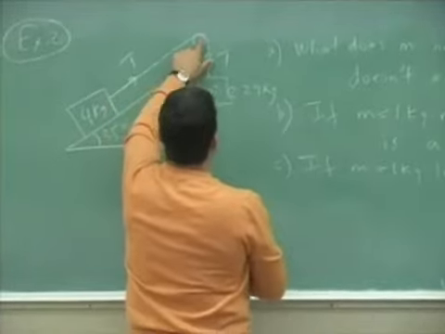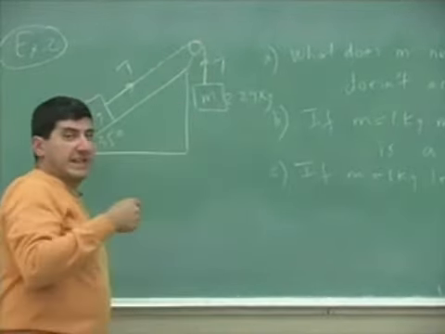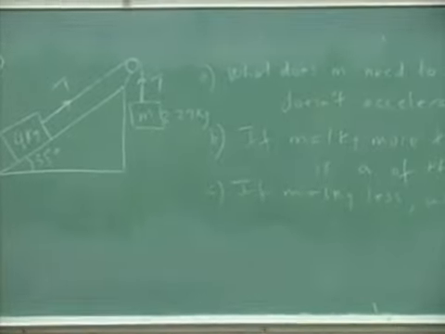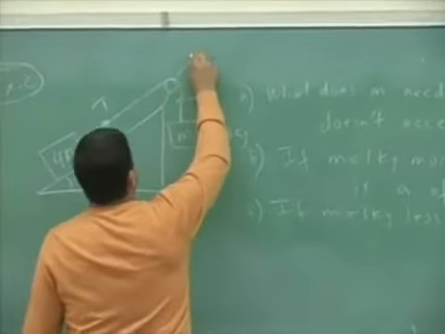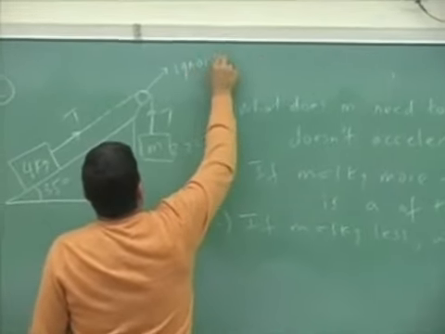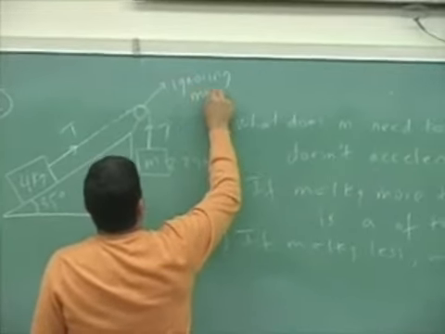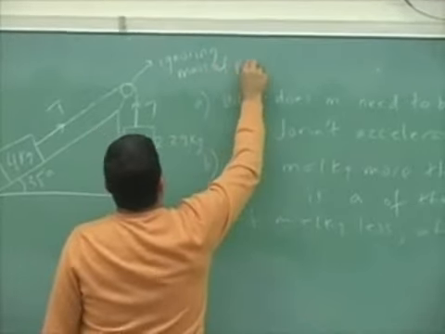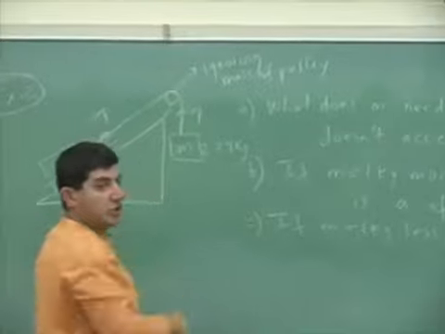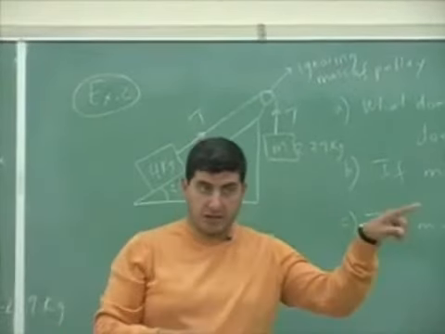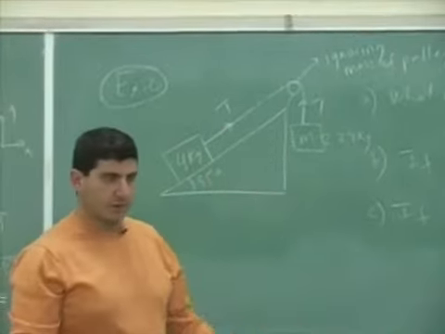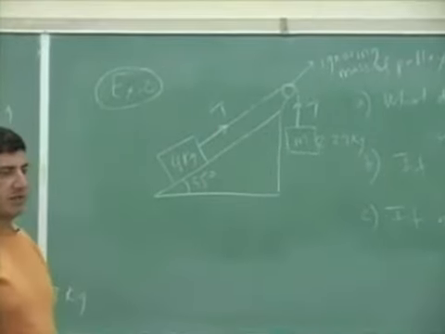So if the pulley actually has some mass, then the tensions are not always the same. But in this chapter, we are ignoring the mass of the pulley. Therefore, it's as if there is just one string connected over a pulley, and it's the same string. So that's why it has the same tension.